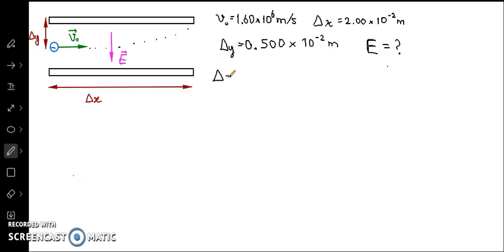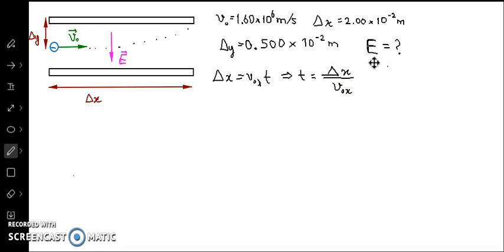So let's get started by setting up our equation for the horizontal motion. Delta x is equal to v naught x, the initial horizontal velocity, which is basically the horizontal velocity because it doesn't change, times t, right? Times time. Isolating time, t is equal to delta x divided by v0x.